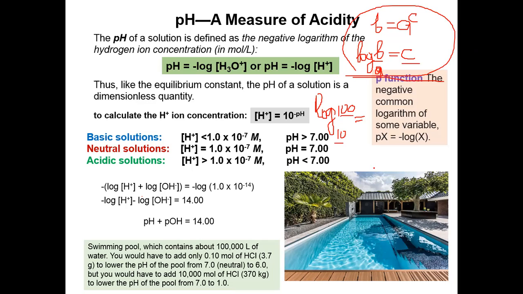It's 10. Okay, so let's just think logically. What is 10 if we look at the general equation? So what is 10 in case of A, B, C? Which one is 10 here? A, right. What is this 100?